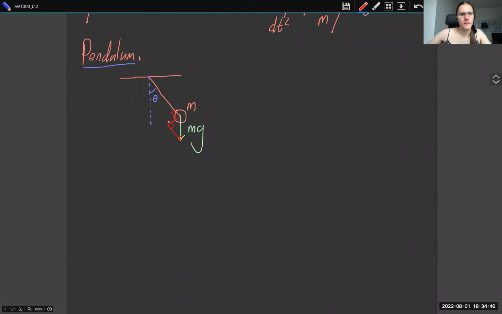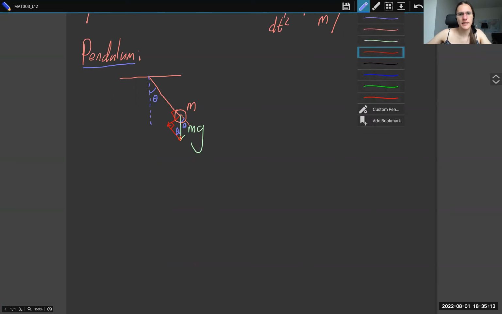And what happens is that if we look at what the angles are, we can imagine extending this line further, and then you have two parallel lines here. And so this angle is equal to that angle. So this is theta.